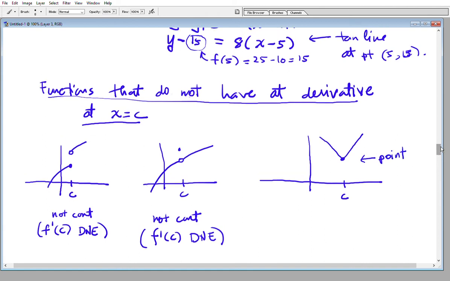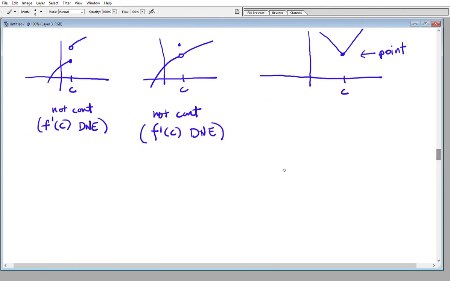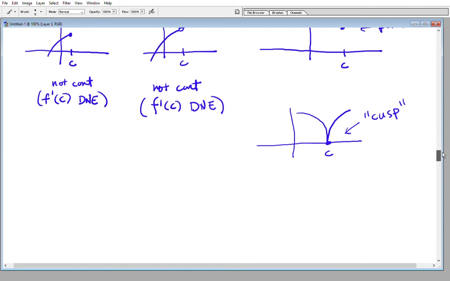There's no tangent line at that sharp point. Sometimes we have another example we'll come across, a function that looks like that. Also a different type of sharp point. This one's called a cusp. So let's look at some examples.